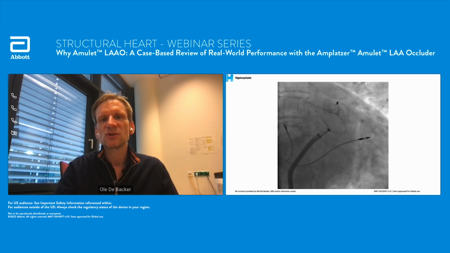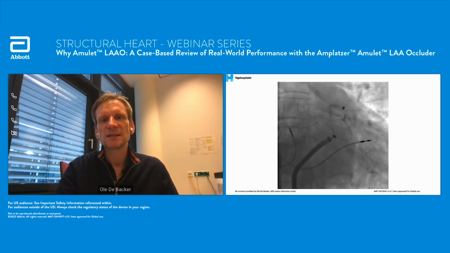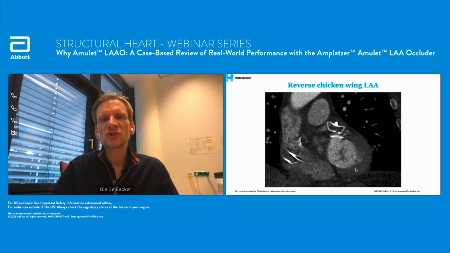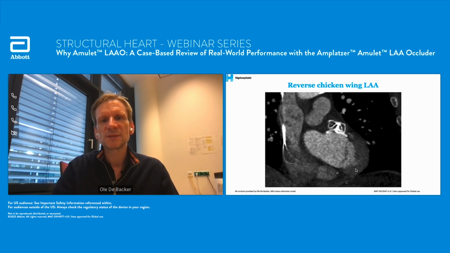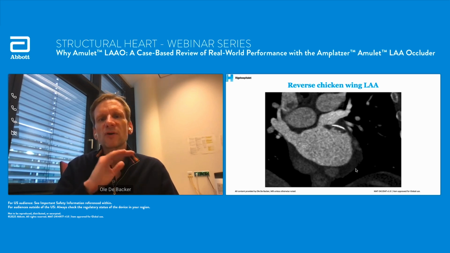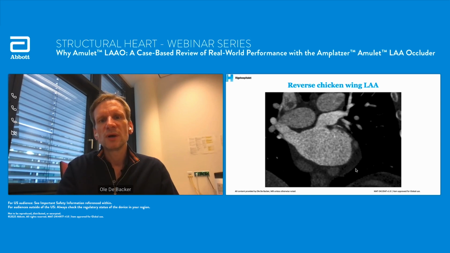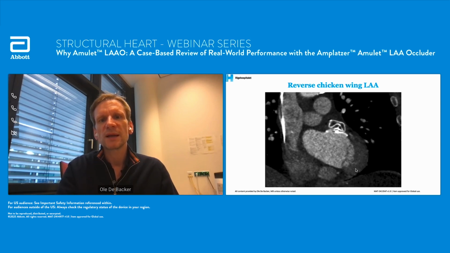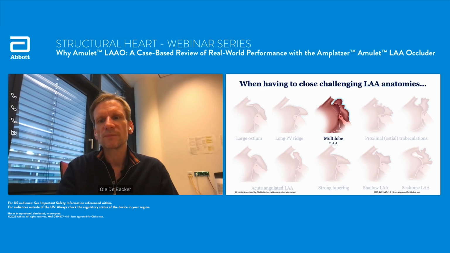So I do here a nice tug to check for the stability of my device. It sits rock stable, and then I release it. And here you see this is a 3-month follow-up CT in this particular case, which was this challenging reverse chicken wing. And you see I have a completely nice occlusion of my entire appendage. So the ostium is completely covered and the lobe sits nicely in the chicken wing.